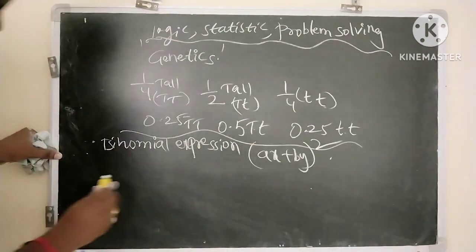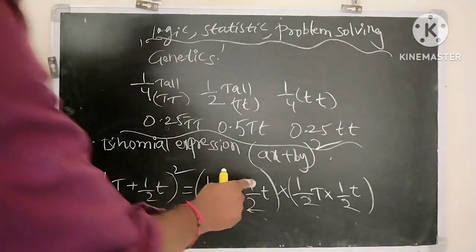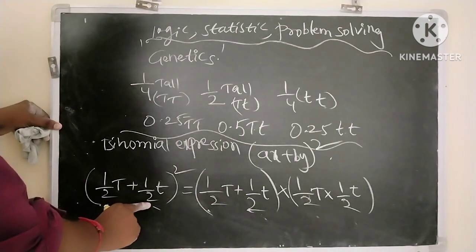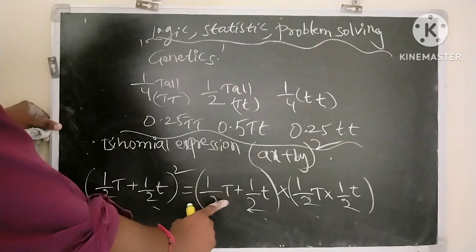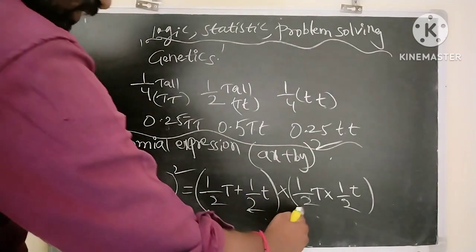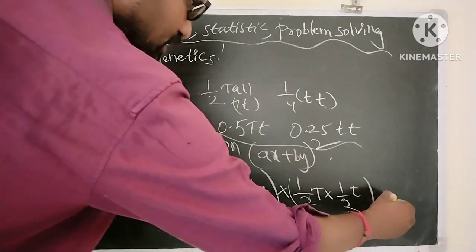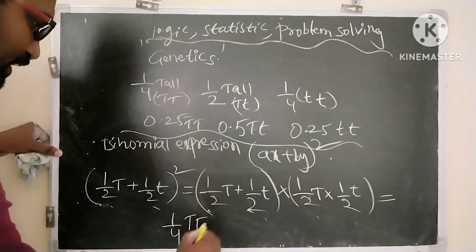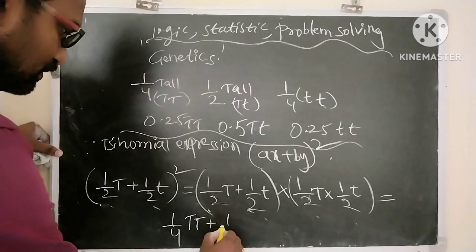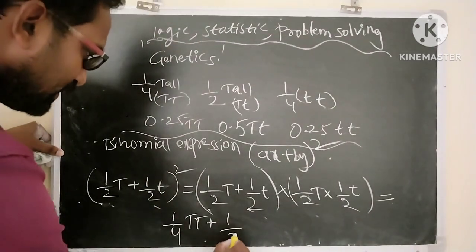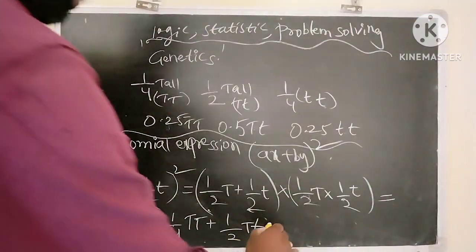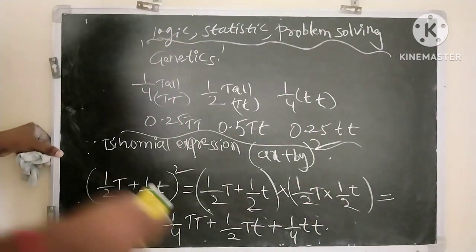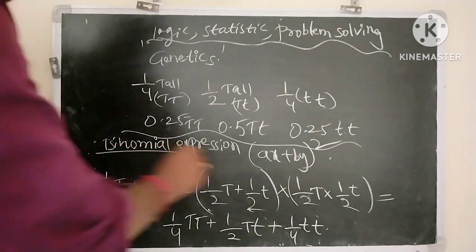Whenever we express them in the form of a binomial expression, (1/2 T + 1/2 t) whole square equals (1/2 T + 1/2 t) times (1/2 T + 1/2 t), which is equal to 1/4 TT + 1/2 Tt + 1/4 tt. Okay, so like this we can express the binomial expression.